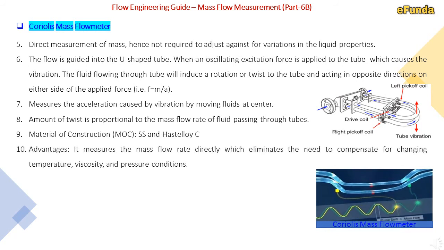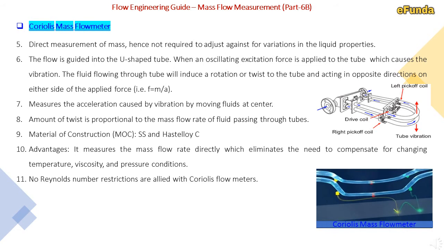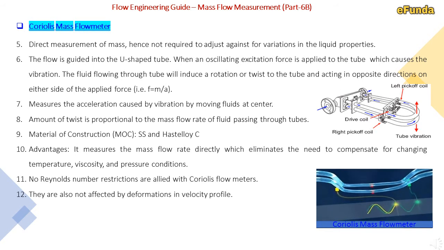Advantages of the mass flow meter: it measures the mass flow rate directly, which eliminates the need to compensate for any changes in temperature, viscosity and pressure conditions. No Reynolds number restrictions are required with the Coriolis flow meter. They are also not affected by deformation in the velocity profile.